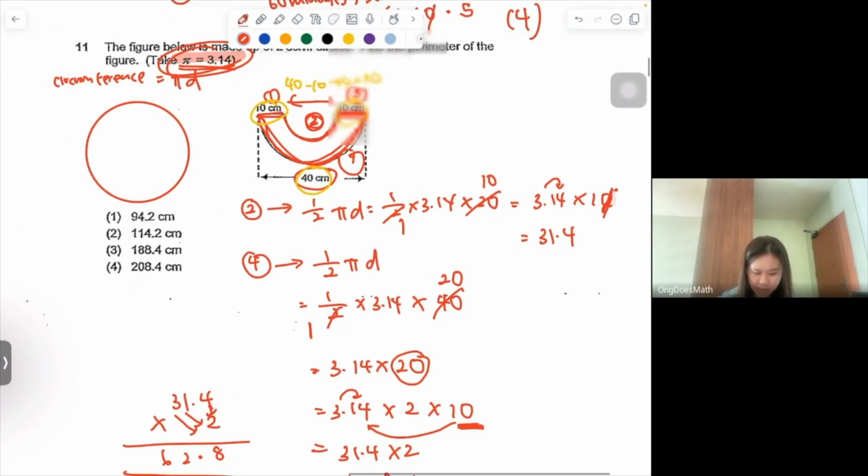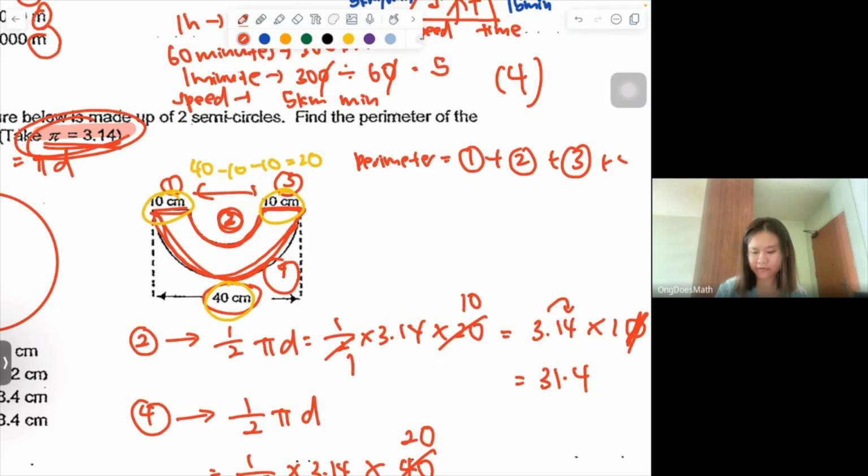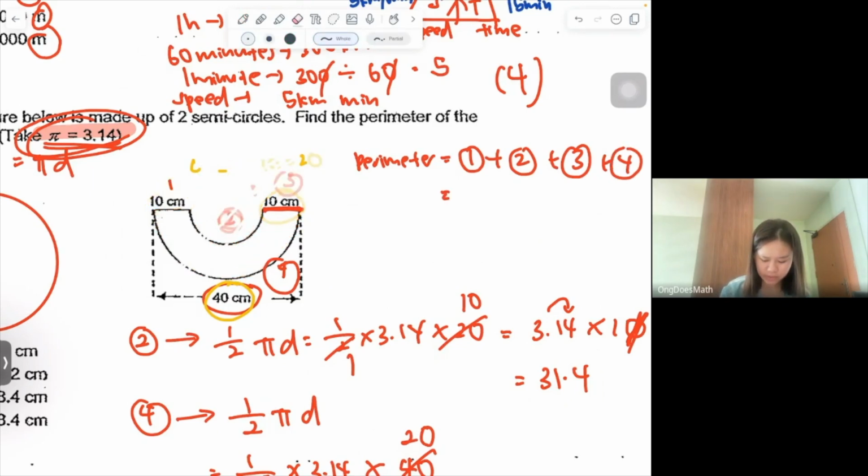So now we got all 4 sides. We just have to add up all the sides. So perimeter is just the first side plus the second side plus the third side plus the fourth side. I'll erase things to make the diagram less confusing.